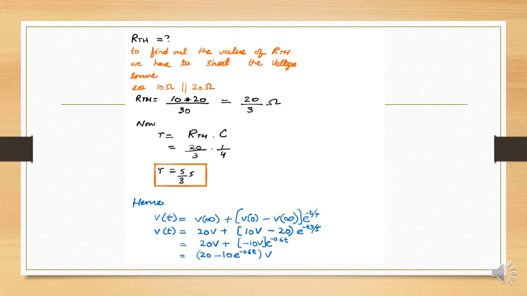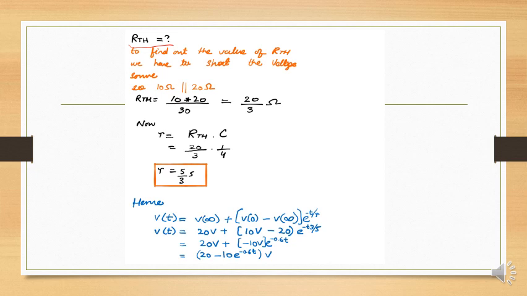Now the third most important part: to get the tau, we have to find R Thevenin. To find the value of R Thevenin, we have to short the voltage source. You guys already know that. After shorting the voltage source, we have 10 ohms in parallel with 20 ohms, which gives 20 over 3. So finding tau, we get 5 by 3 seconds.